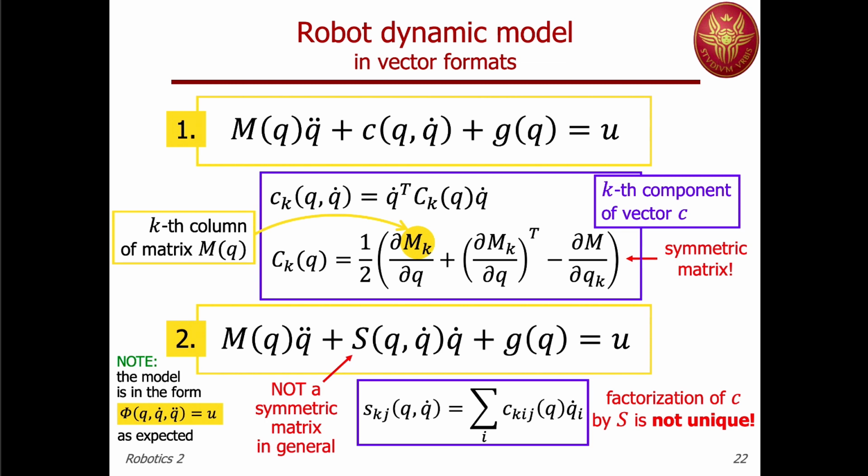When we started last time introducing the generic model, we said we would end up with a set of n differential equations of the second order type, because they depend on q, q dot, and q double dot, where q are the generalized coordinates. On the left-hand side, we will have the non-conservative forces. And here is exactly how this generic dependence function, phi of q, q dot, and q double dot, is structured internally for any robot.